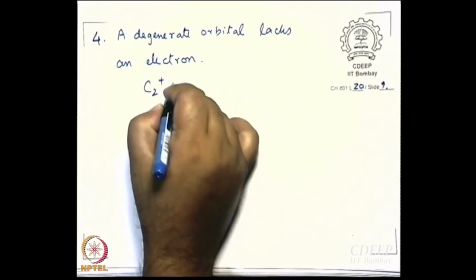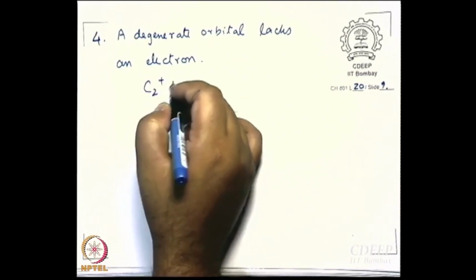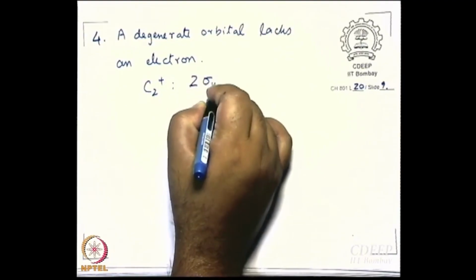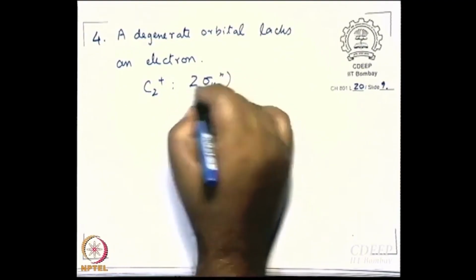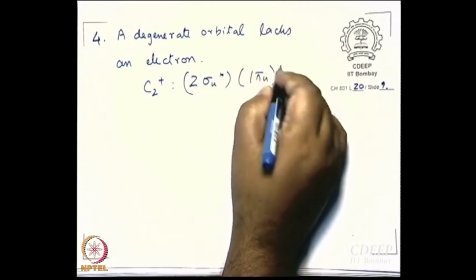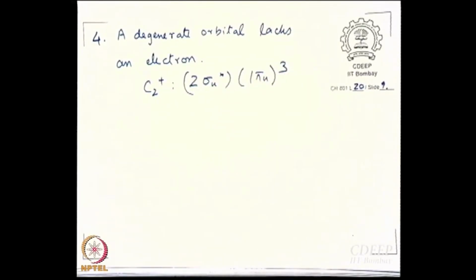The example is C2 plus, but after this I want to answer his question in a little more detail. Configuration is 2 sigma u star, 1 pi u 3. So, how many 1 pi u orbitals are there? It is a doubly degenerate set, right? So, 2.